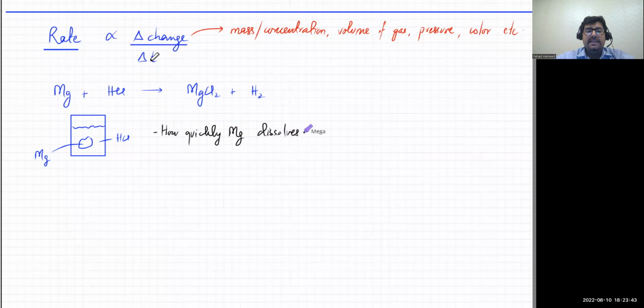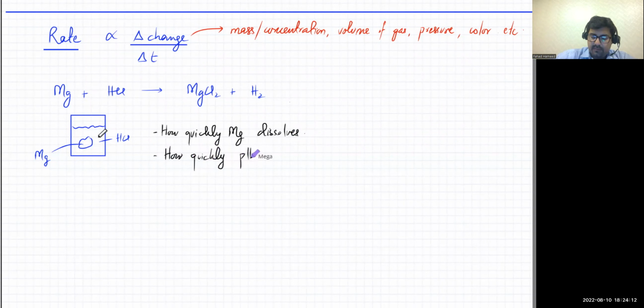In this case, you can keep one of the things fixed, but I'll tell you that later. In this case, you can check the change in pH, because the pH will be very acidic and then it will go to neutral, right? If the Mg is in excess. So you can measure how quickly pH changes. If the pH is changing very quickly, that means it's a very fast reaction. You can measure how quickly H2 gas is produced.